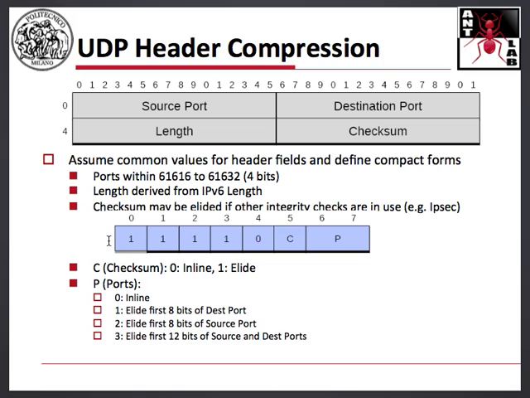So again, the most favorable case is when this field has a value of 3, which means that you spare 24 bits out of the original source and destination port addresses. Clear?